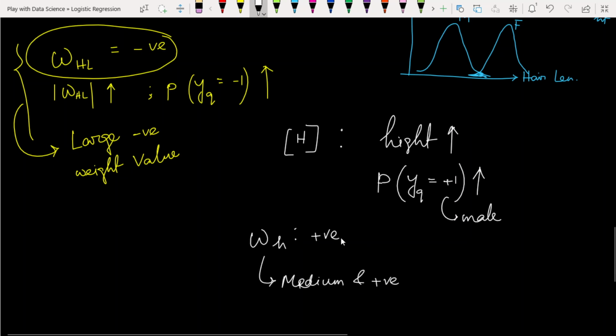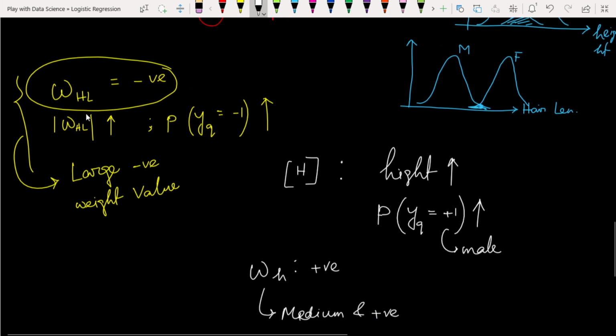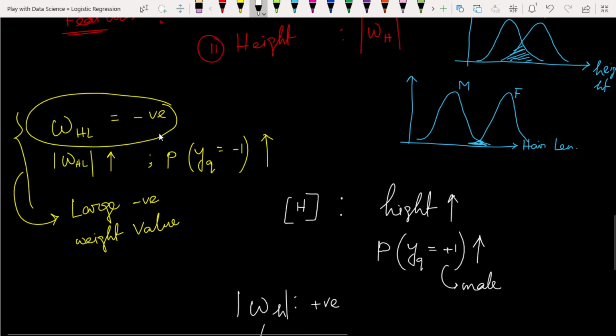Because as height increases, the chance of male increases, but it is not as important. So for height the absolute value will not be large, it will be medium, but the absolute value for the hair length will be large, because the importance of the hair length is so much.